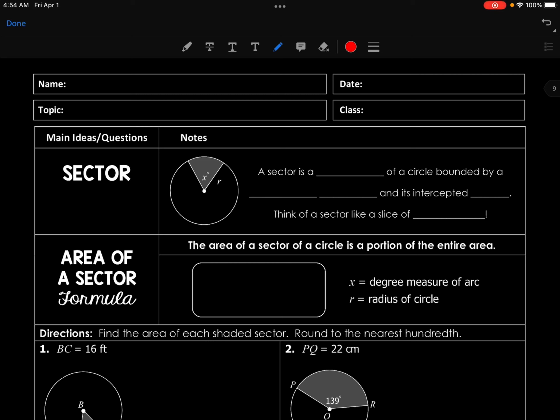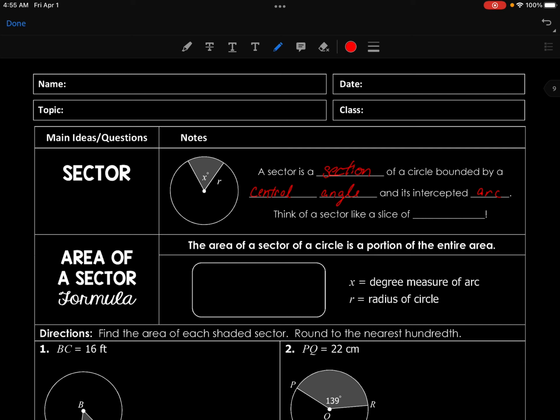But anyways, what is a sector? A sector is a section of a circle bounded by a central angle and its intercepted arc. So a sector is a section.